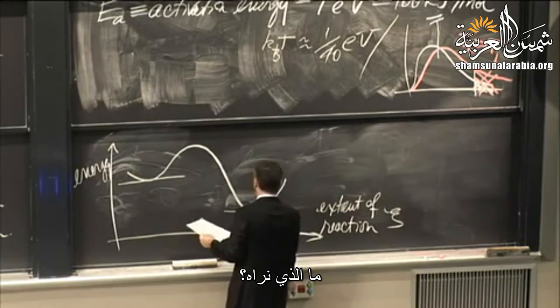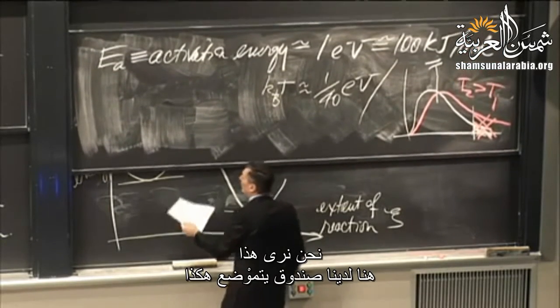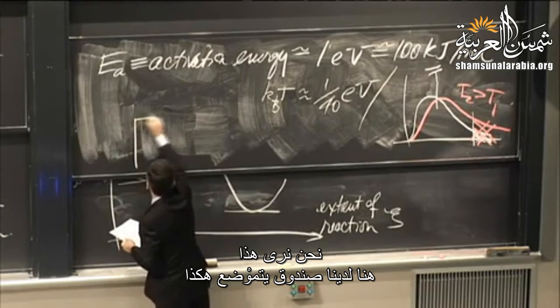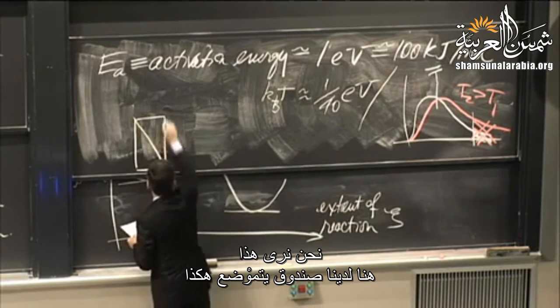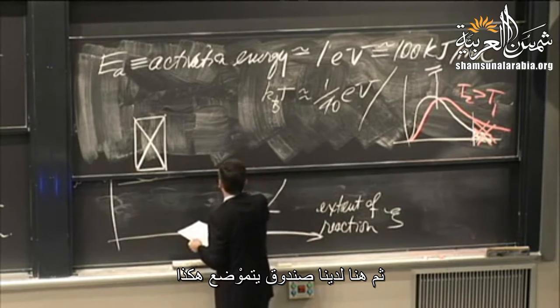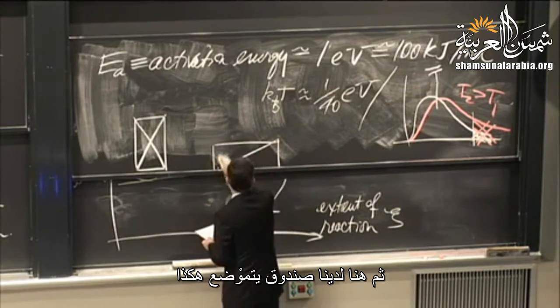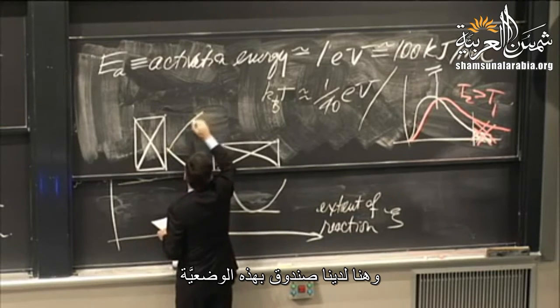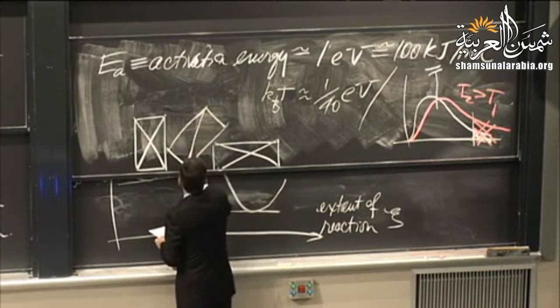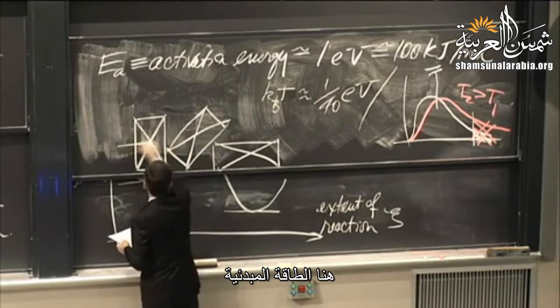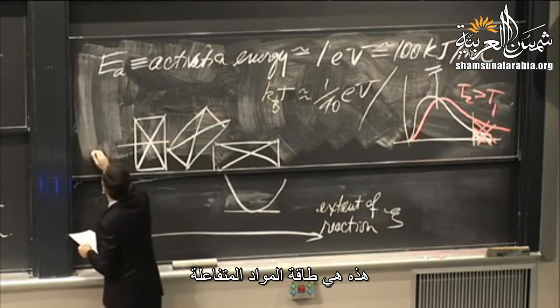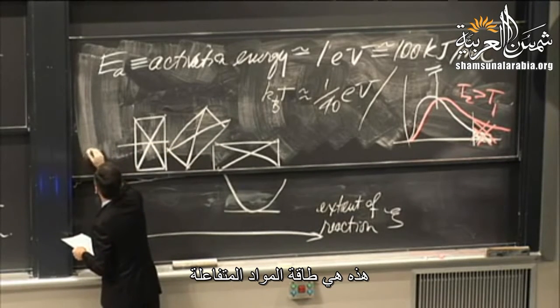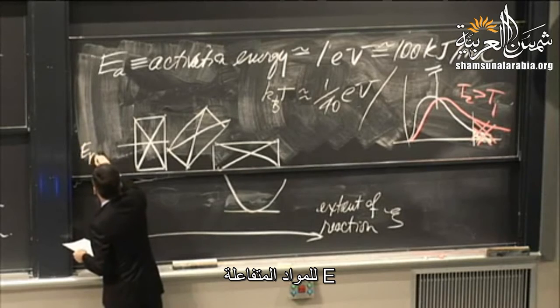What do we see? We see this. Here, we have the box sitting like so. And then over here, we have the box sitting like so. And right here, we have the box up like so. And so now you have, here's the initial energy. This is the energy of the reactants, E of the reactants.